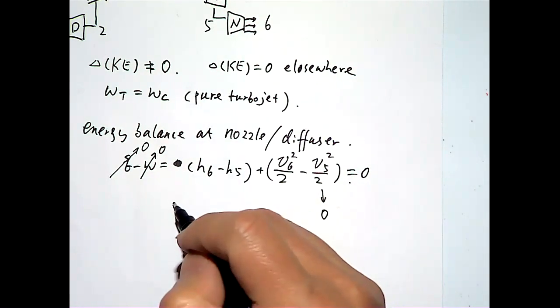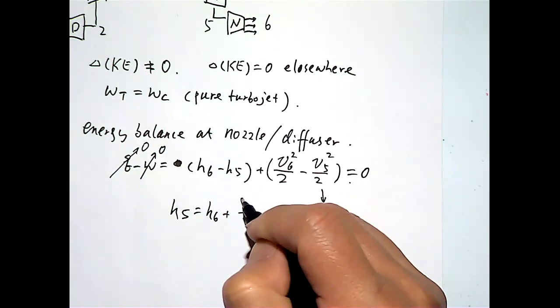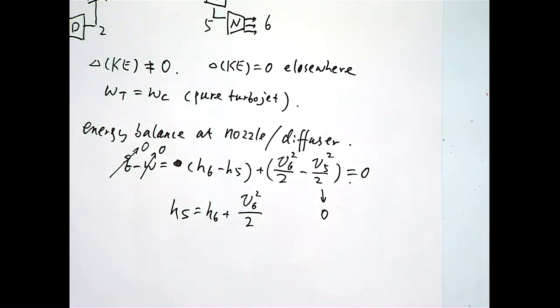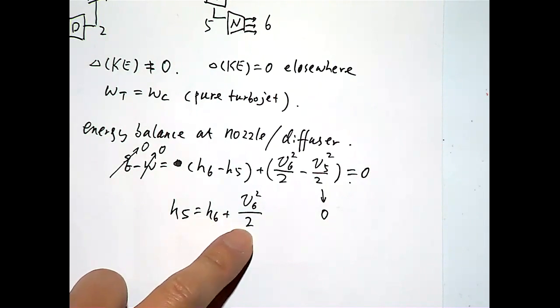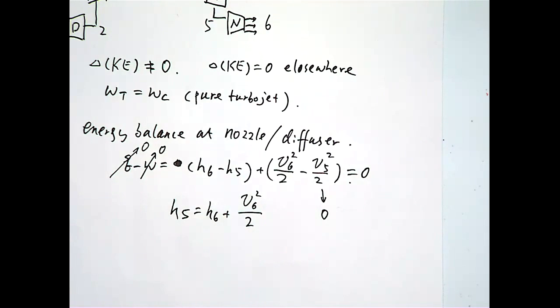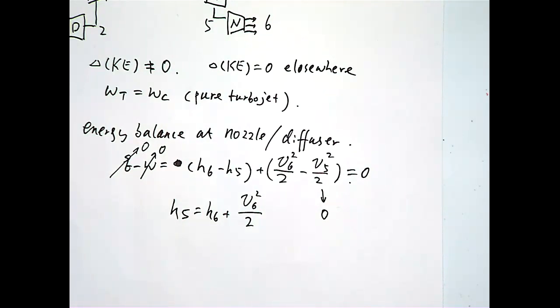Then you find H5 equals H6 plus the kinetic energy term at the nozzle exit. So across the nozzle, the enthalpy is converted to kinetic energy, with some leftover enthalpy. That's something you want to be aware of. A nozzle is a device to convert enthalpy to kinetic energy.